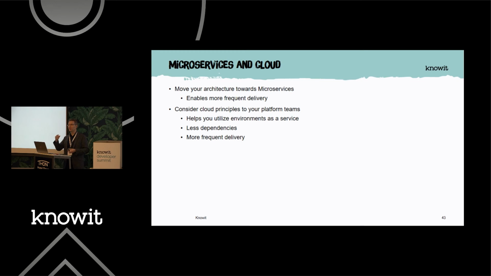So this is a good cloud idea of self-service. You can take any cloud principle into your own platform team. Whatever your platform team is providing, try to make it as easy as it is to buy some more cloud from Amazon or from Azure. And you just apply these concepts.